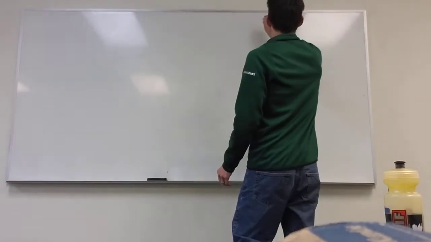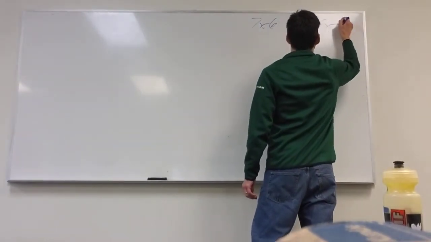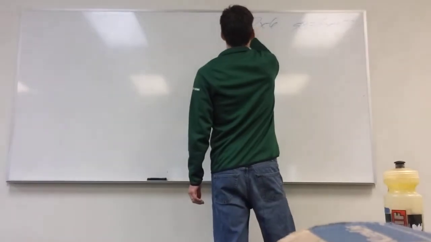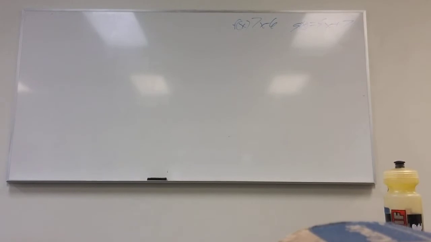So the g minus f of x, that's just finding the difference between the two functions. So 7x minus 6, 5x plus 7. When I go g minus f of x, I'm taking 5x plus 7 minus 7x minus 6.